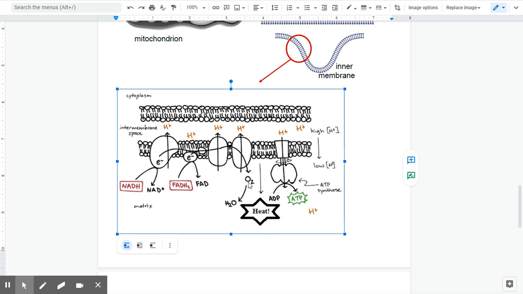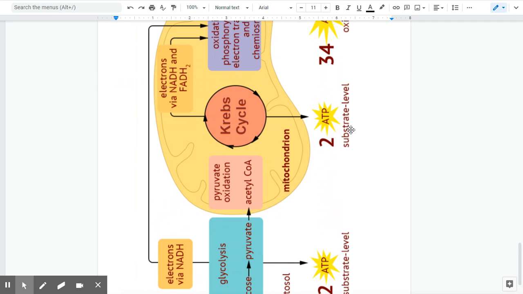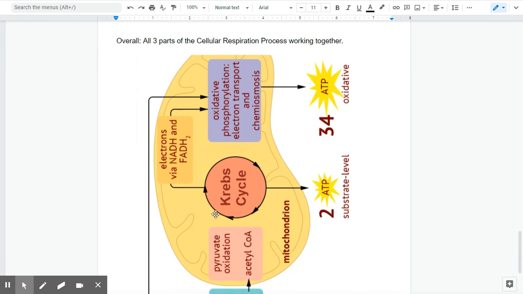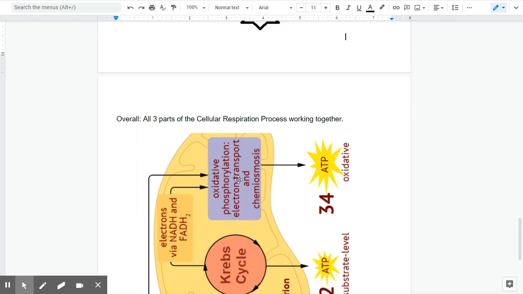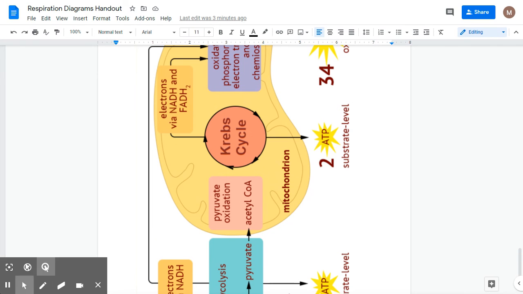And then our leftover hydrogen that's used up gets paired with oxygen and carted away as water. Okay. Here's the overall diagram to show you what happens. But I've gone through that one a couple times already. So that is cellular respiration, specifically the aerobic kind.